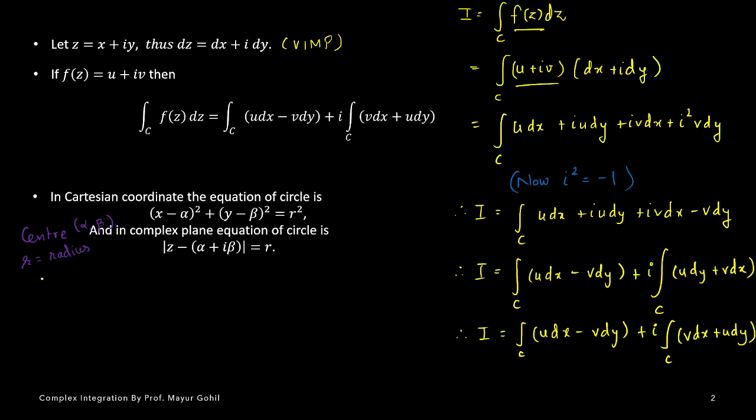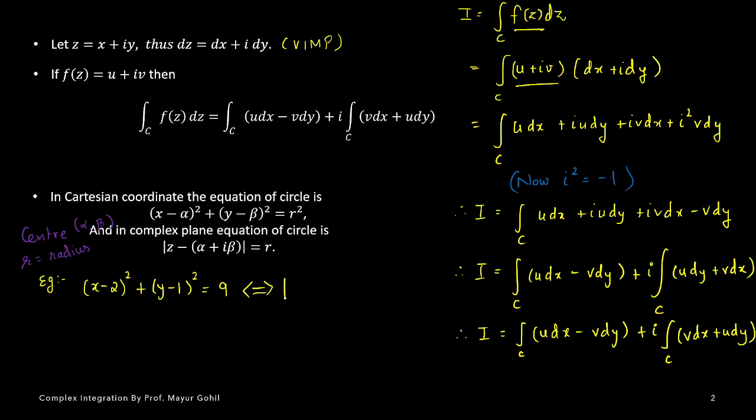Let me take up an example. Let's say we have a circle whose equation is x minus 2 the whole square plus y minus 1 the whole square equals, let's say, 9. This is the equation of the circle. Then in the complex plane, just compare it with what we have seen here in the theory.